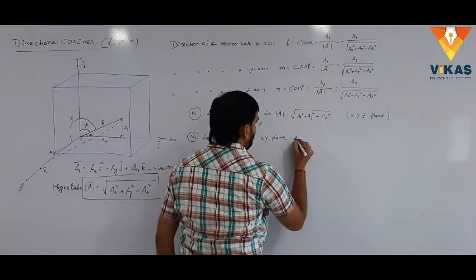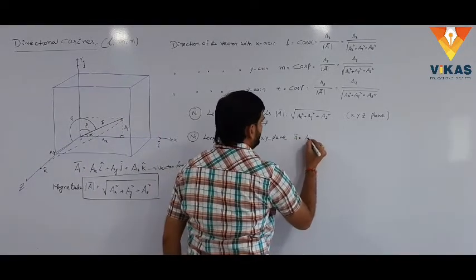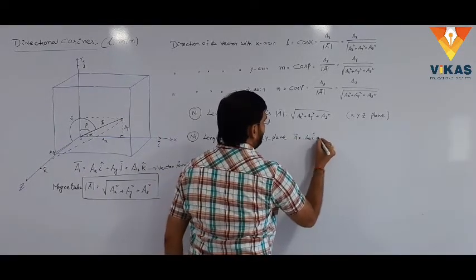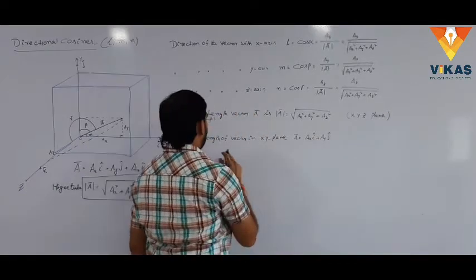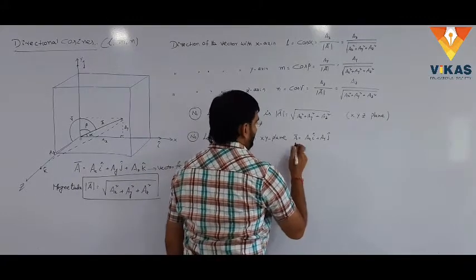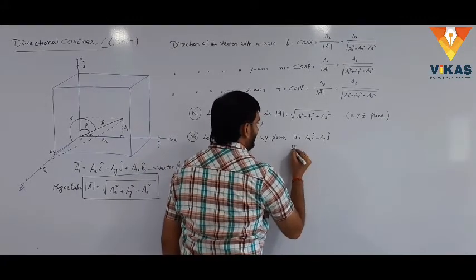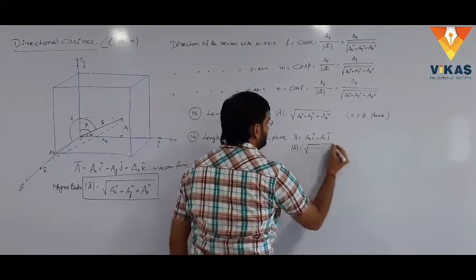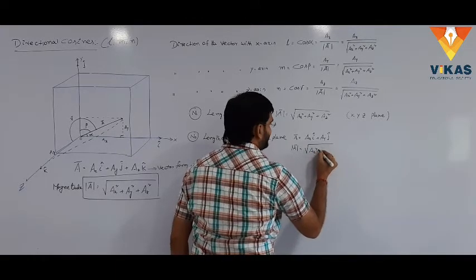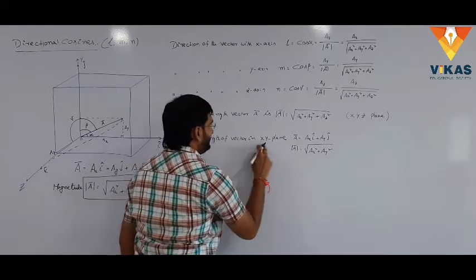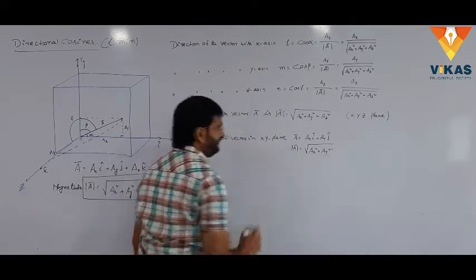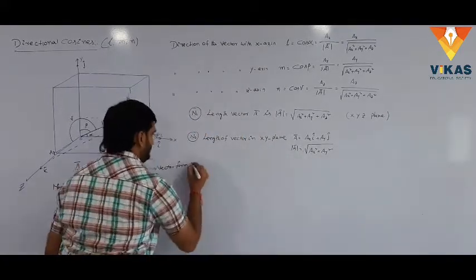The vector a bar is equal to ax into i cap plus ay into j cap. That is the vector. What is the length here? Length is nothing but a bar modulus, that is square root of ax square plus ay square. What is the length of the vector in the xy plane? Modulus is square root of ax square plus ay square.